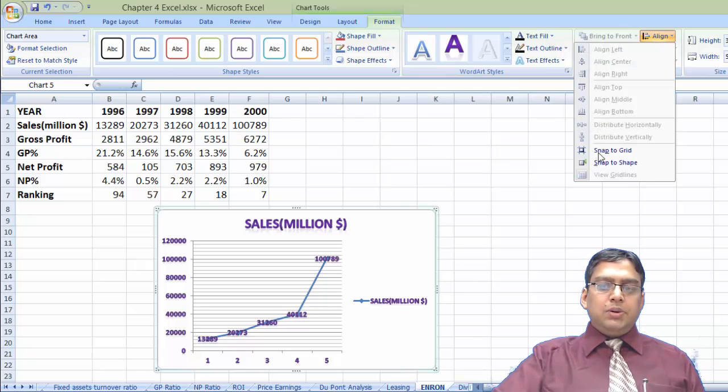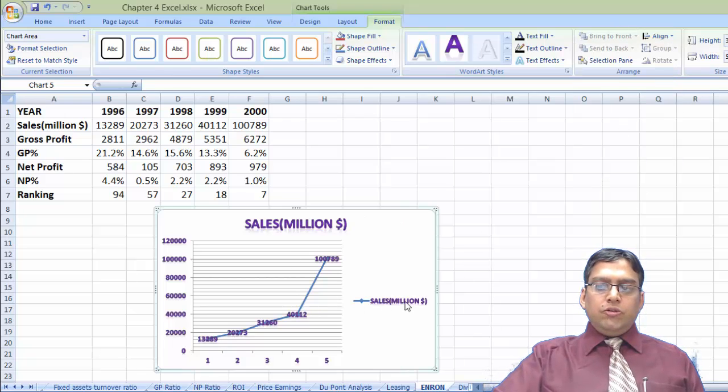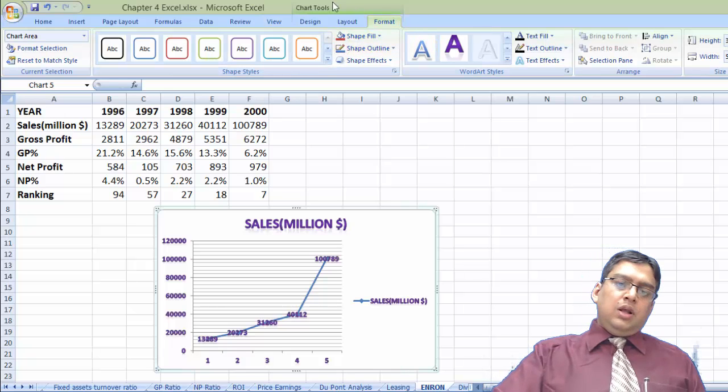Alignments, you can align any concept with the help of these options. And if you want to increase or decrease the size of your chart, click on height or width. These are three tabs available in the charts to design, layout, or format your charts. These all are the chart style techniques, chart designing techniques, chart layout techniques.